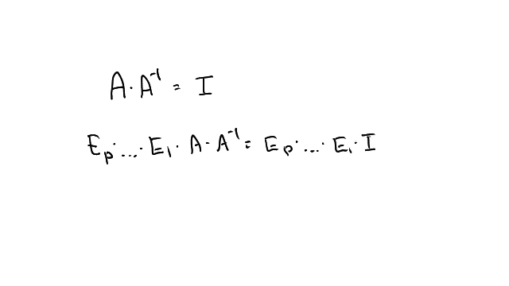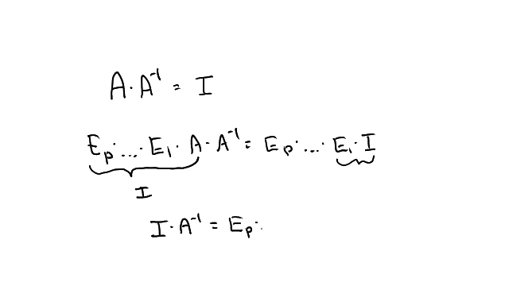Since the elementary matrices EP through E1 are such that this becomes the identity matrix, we see that we have I times A inverse is equal to, and on the right hand side we can remove the last I because E1 times I is just E1, so we have EP times E1. And finally, pre-multiplying by the identity matrix makes no difference, so we have this result.